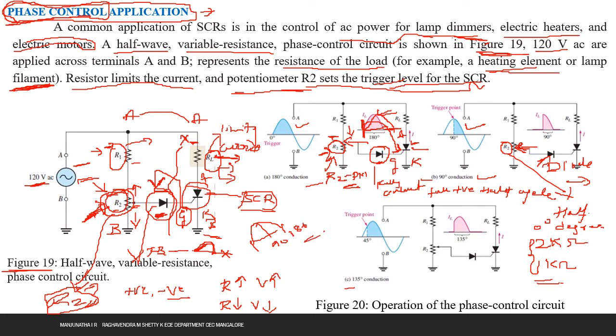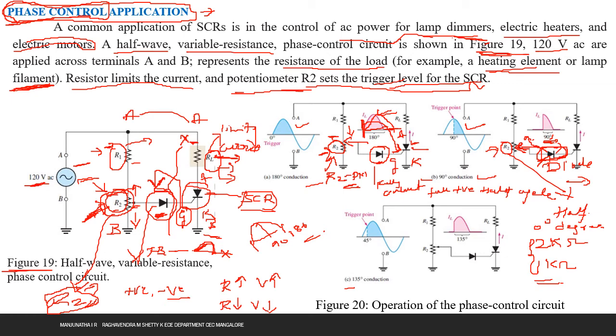Because the resistance R2 from the potentiometer is at the middle position, some resistance is offered by R2, and it makes this diode forward biased and conducting only after 90 degree, not from the 0 degree.